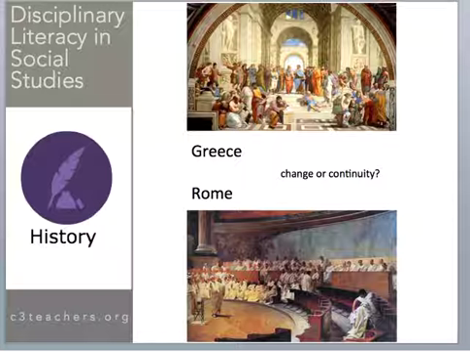For example, in an inquiry about ancient Greece and Rome, students could work with descriptions of Greek direct democracy and Roman representative democracy and make judgments about how and to what extent the Roman system represented change or continuity relative to the Greek system.